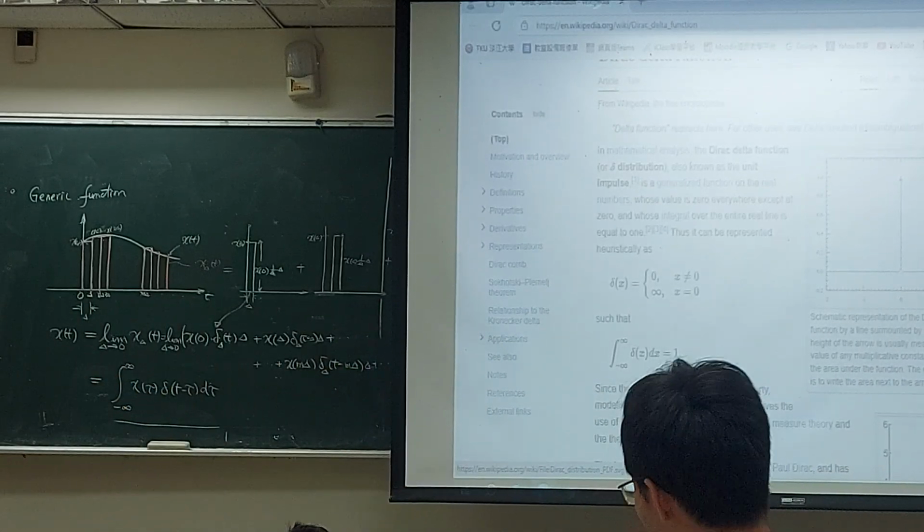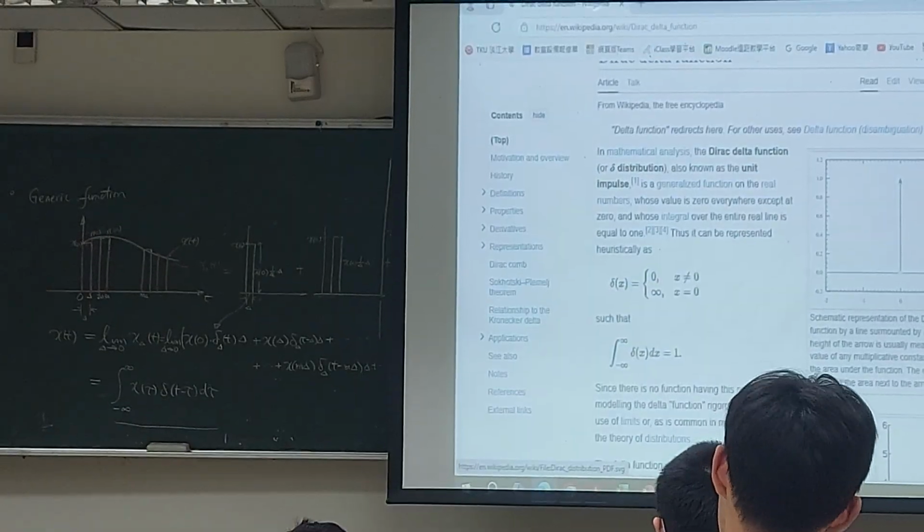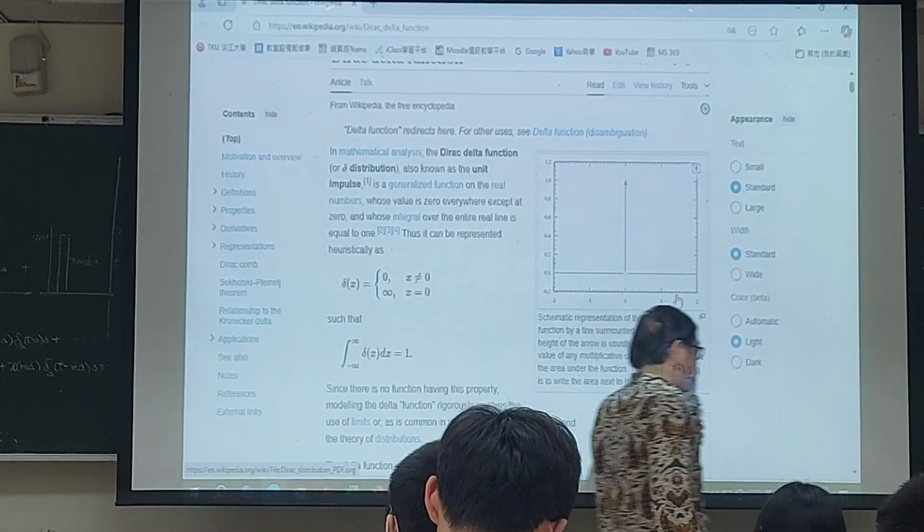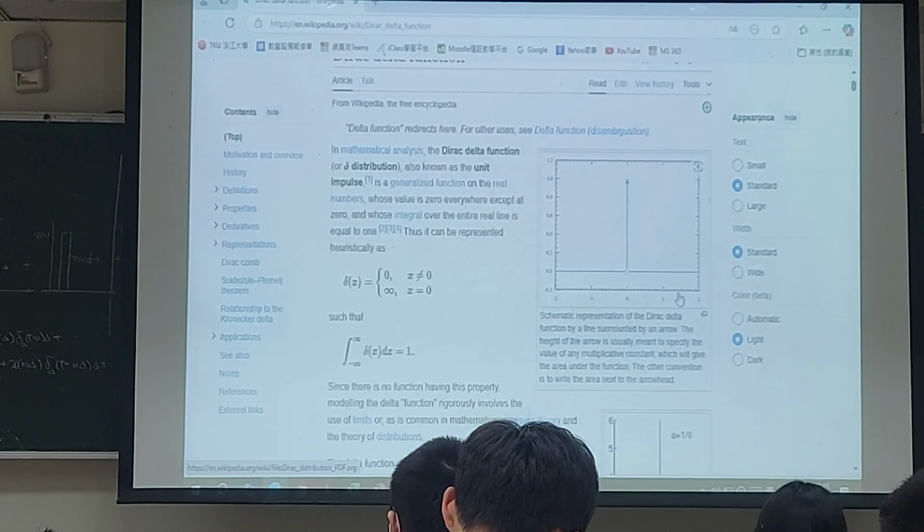Now, to define a delta function or Dirac delta function, there are many ways, there are many definitions to define a delta function or impulse function.